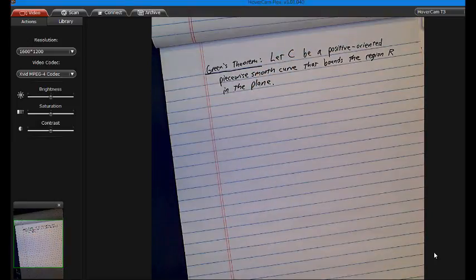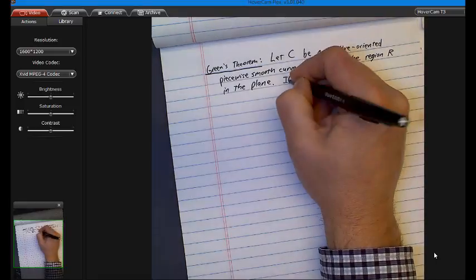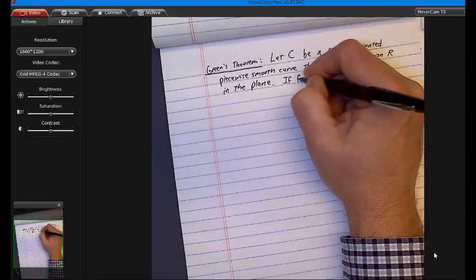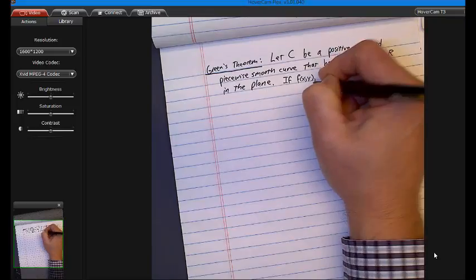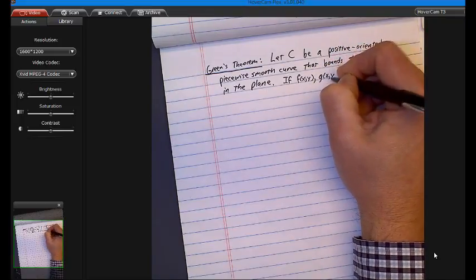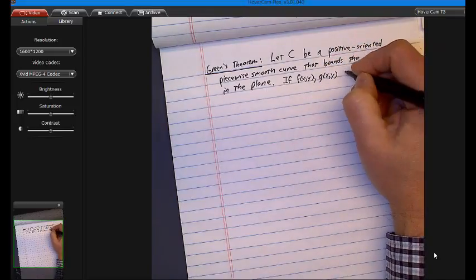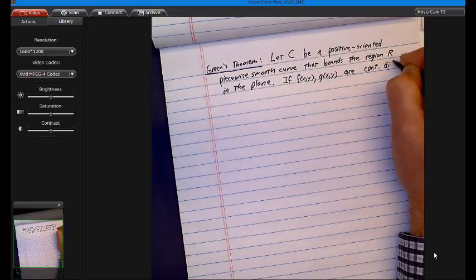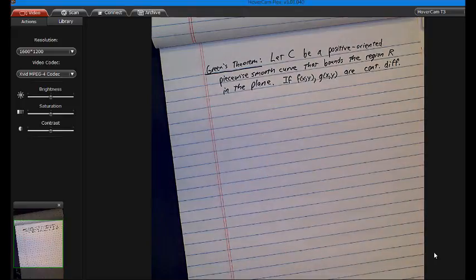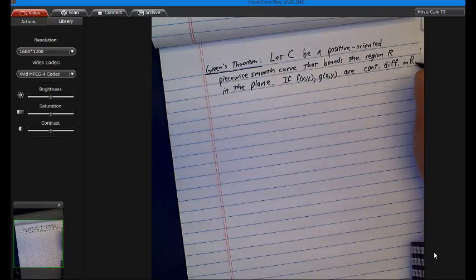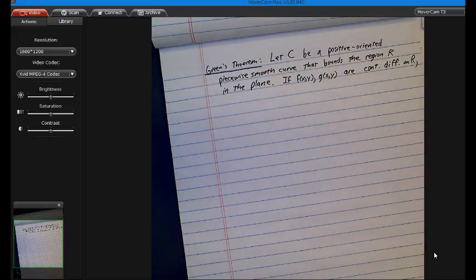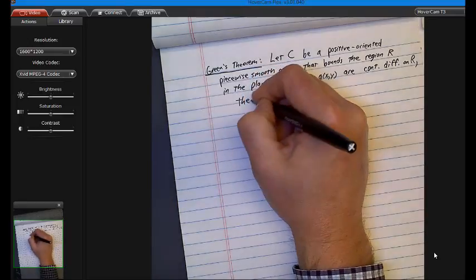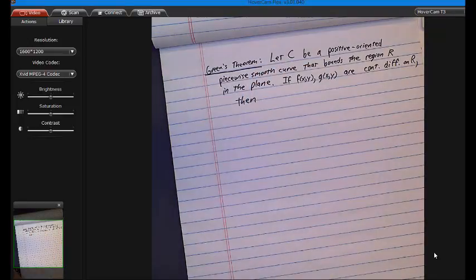If f of x, y and g of x, y are, do you know what I mean by my abbreviation here? Continuously differentiable on R, then here's the formula.